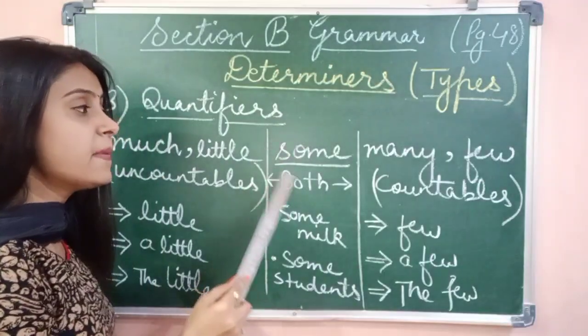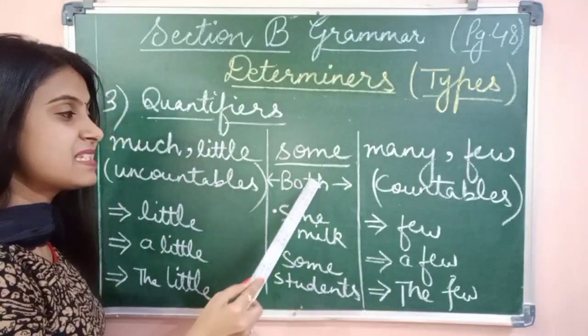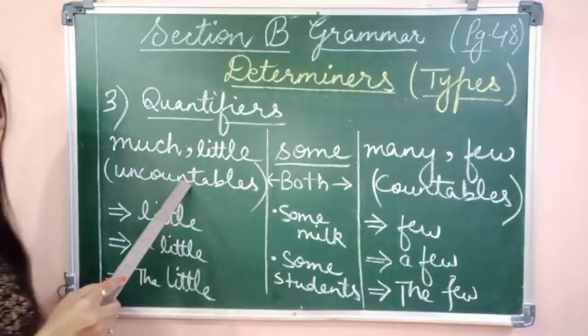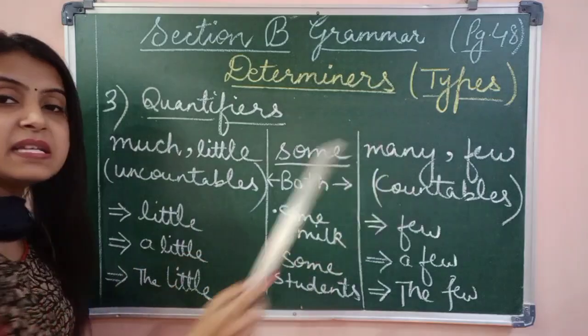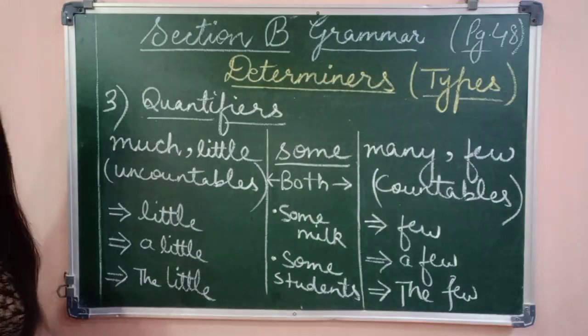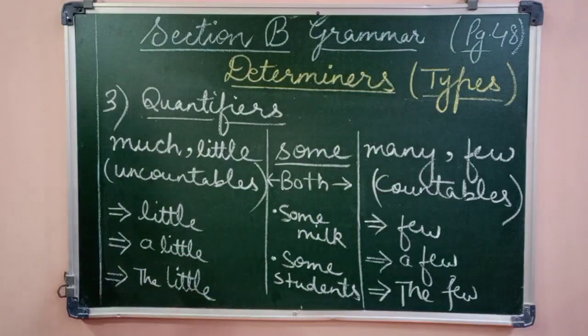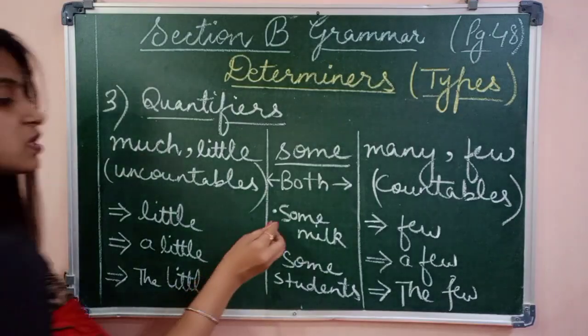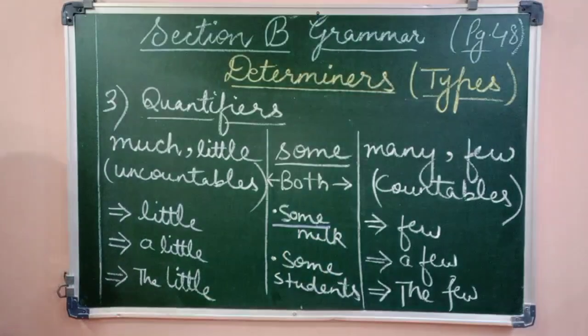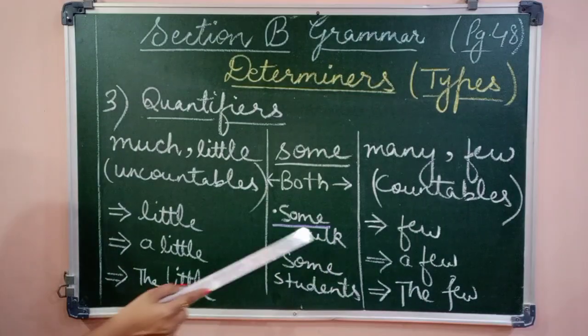Some is a quantifier that is used with both countable and uncountable nouns. For example, some milk. Now, can milk be counted? No. So we have used some with the uncountable noun, that is milk.